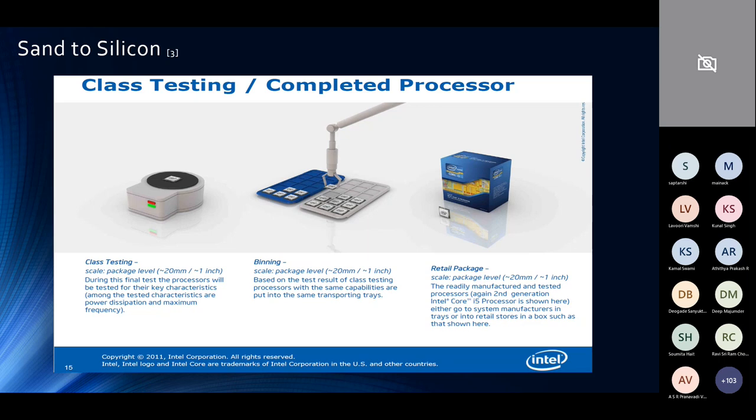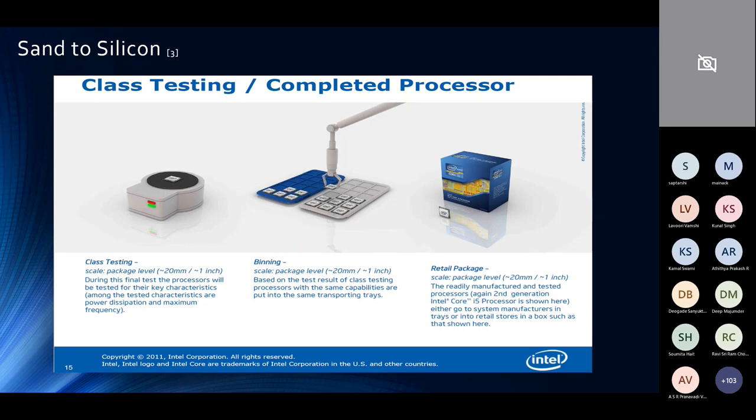After you do all that, there is an interesting step called binning. Again, not going to get into the detail, just to get an understanding of what it is. Let's say you have 100 chips, 75 of those are running at 3.5 gigahertz, 10 of those are running at, let's say, 3.6 gigahertz.